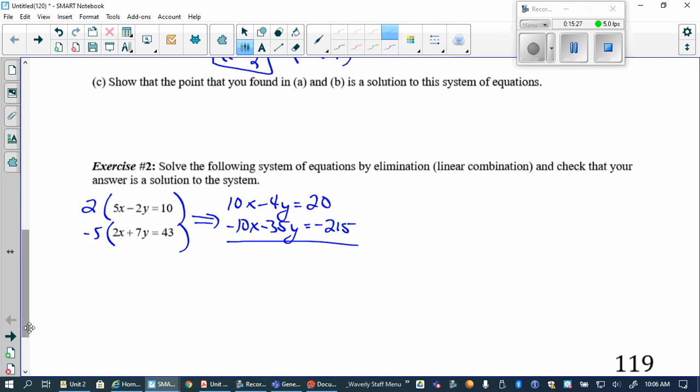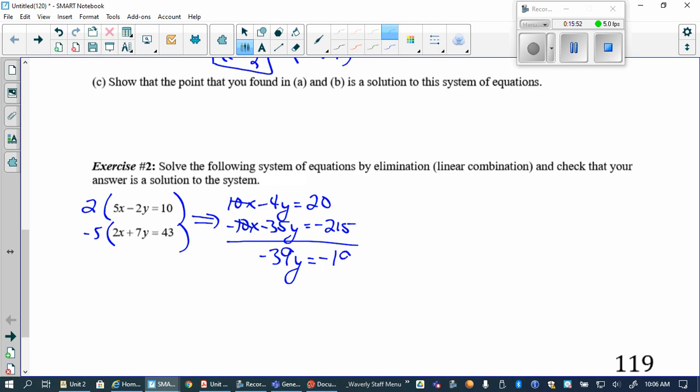What will happen when I add these? What will go away? 10x minus 10x is 0. They both go away, so there's only one thing left, the y. Negative 39y equals what?